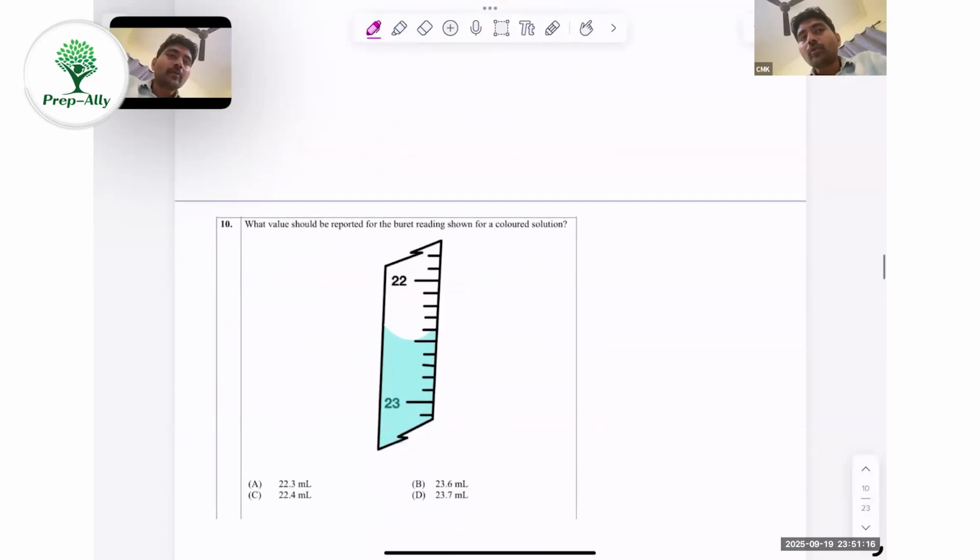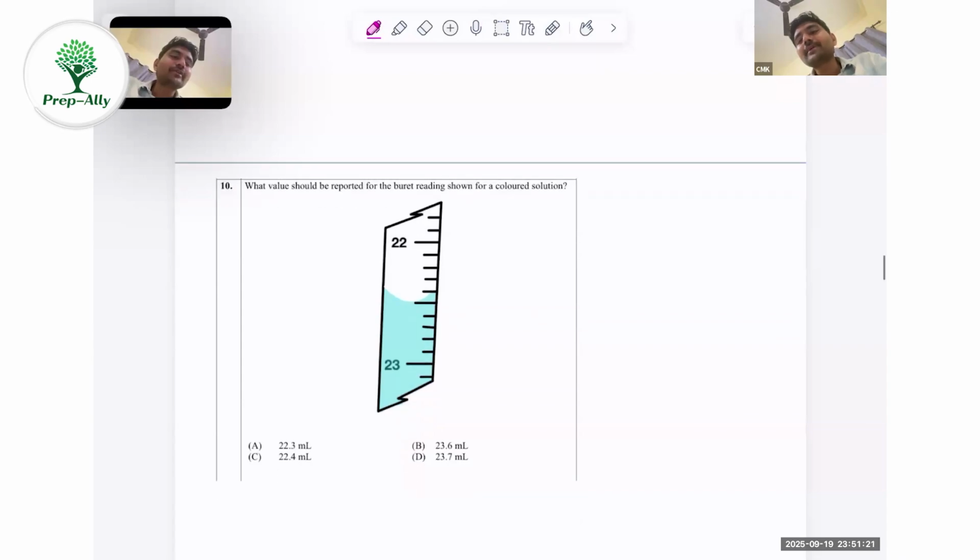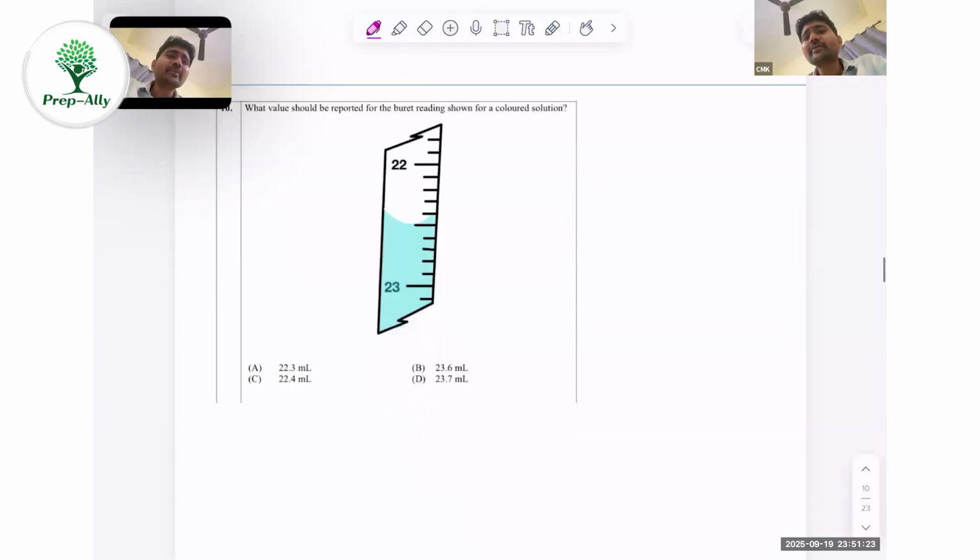Simple. What value should be reported for the burette reading shown for a colored solution? Whenever we take a colored solution, if you are looking through the burette, what's the general rule? To read the point on the upper meniscus. This shape we call meniscus is due to surface tension.